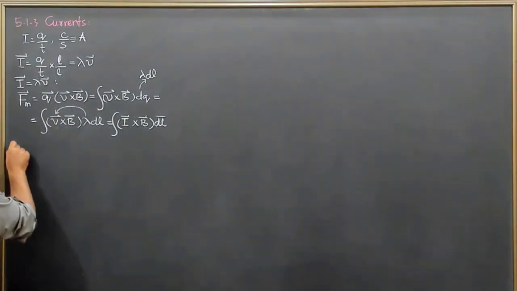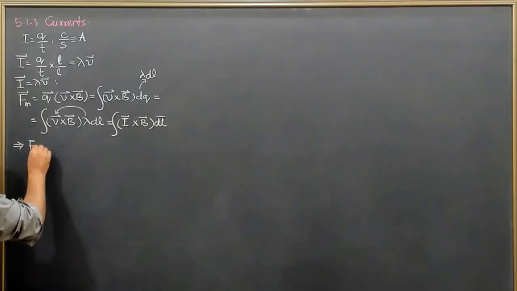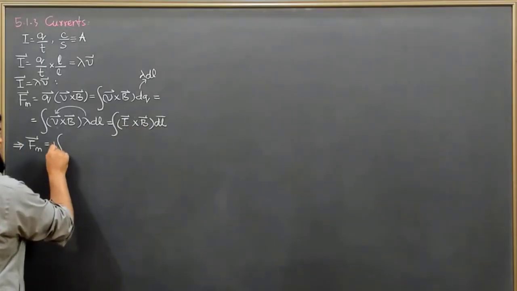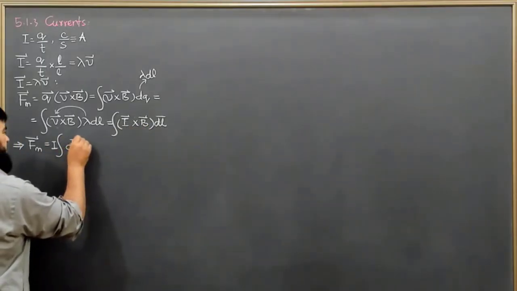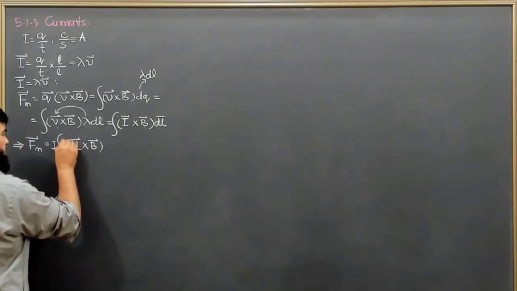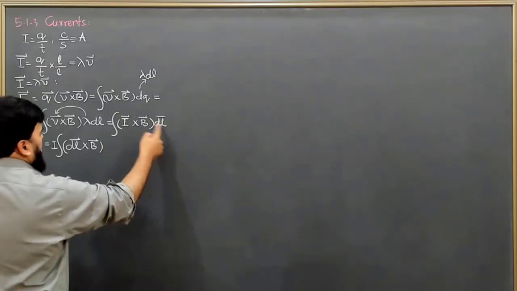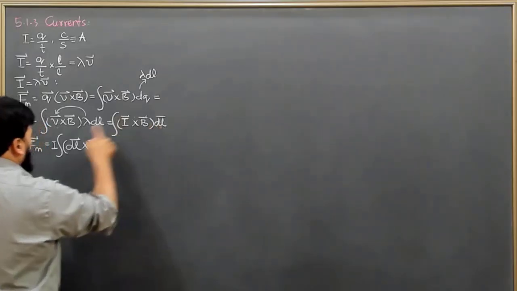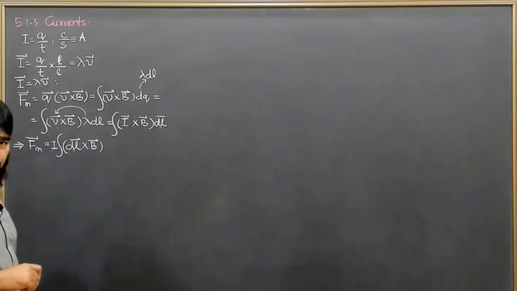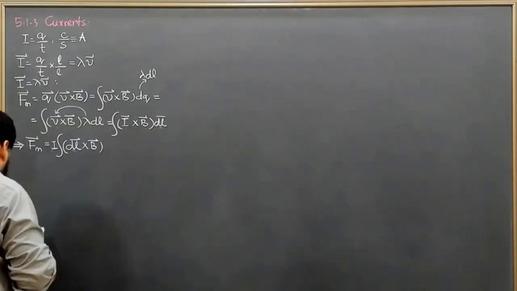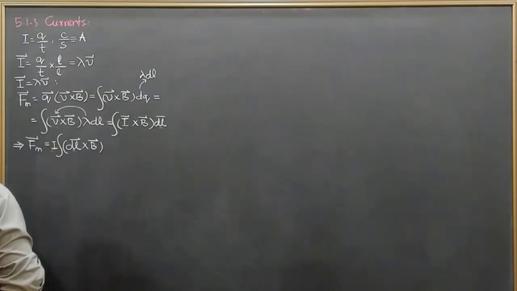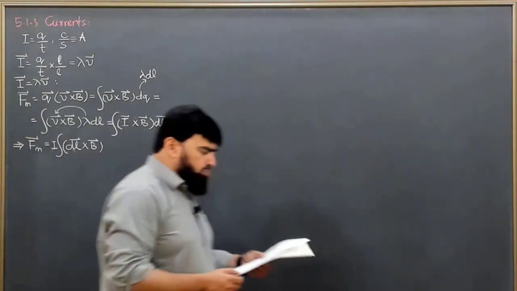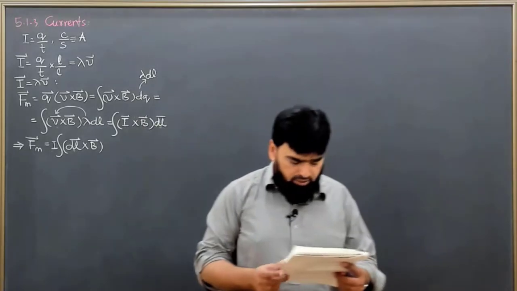So I can write that the magnetic force is equal to the integral of I dl cross B. Now I is a scalar and dl is a vector, so I can come out of the integral, and we have I times the integral of dl cross B. So this is one way we write the magnetic force equation from Q V cross B in terms of I dl cross B.